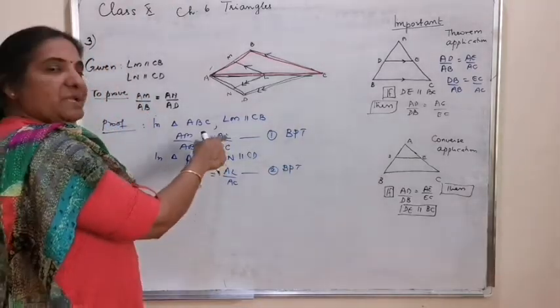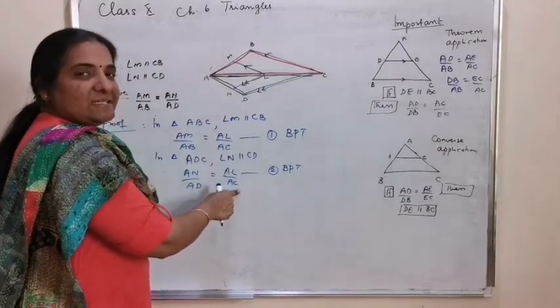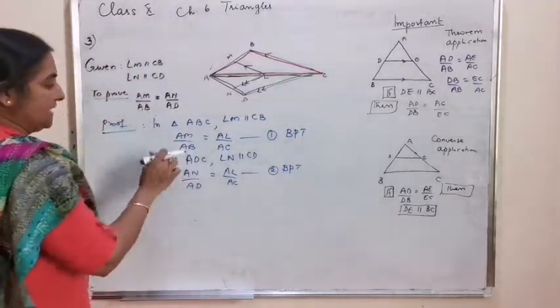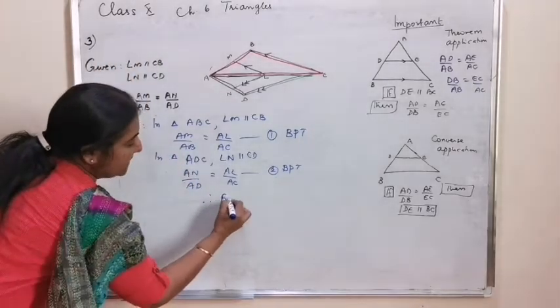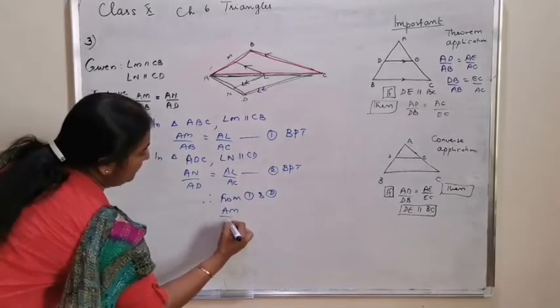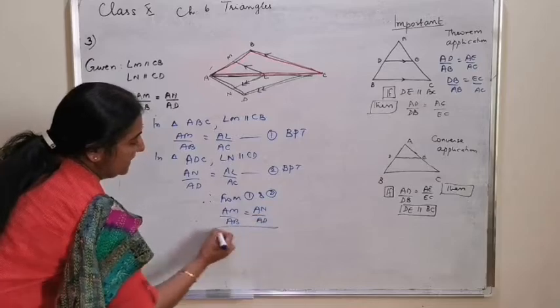From 1 and 2, you can see that the ratios of AL by AC on the right side are equal, which shows that the left side ratios are also equal. Therefore, from 1 and 2, AM by AB is the same as AN by AD.